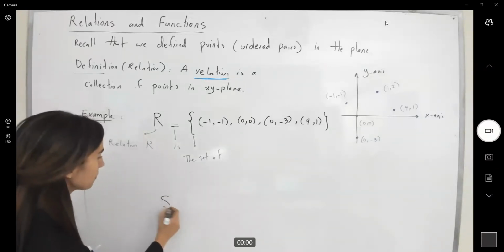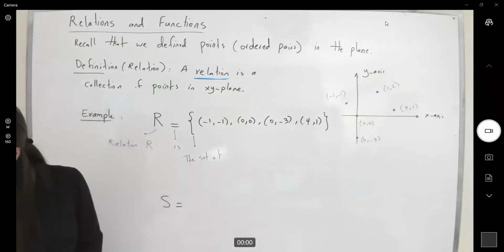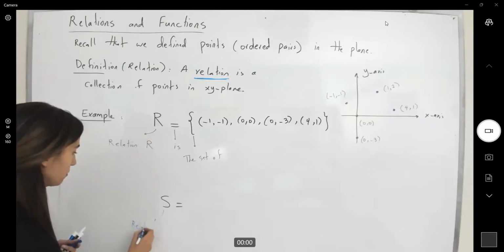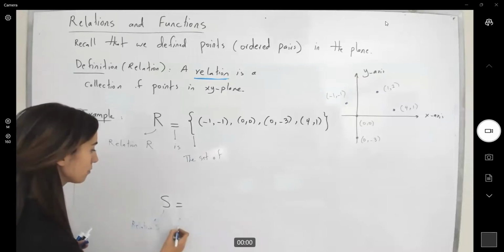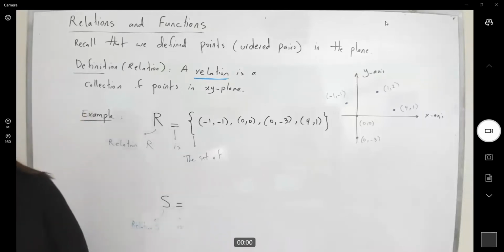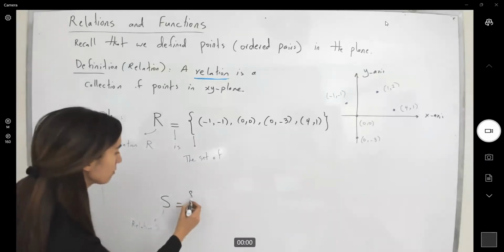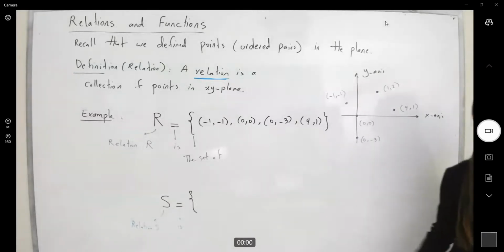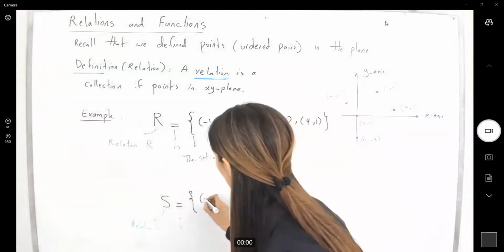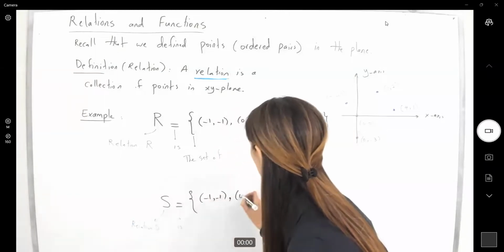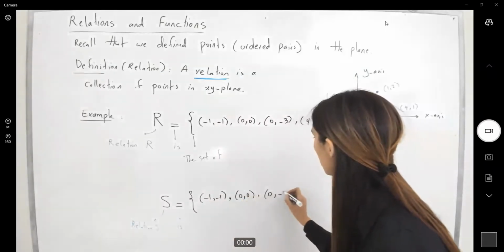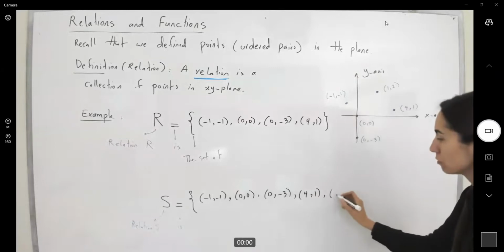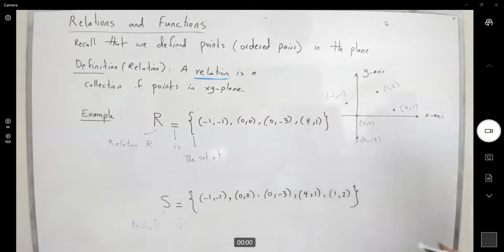So relation S is defined as the set of -1 and -1, 0 and 0, 0 and -3, 4 and 1, and I'm going to include 1 and 2 to define a new relation.